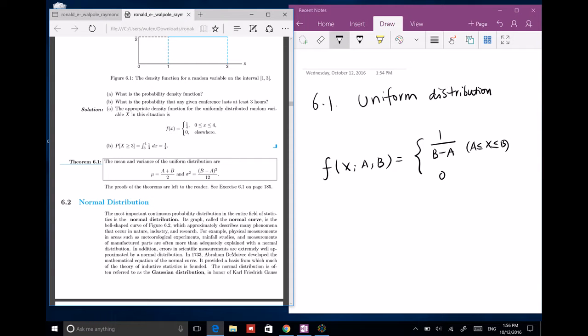Next, we look at 6.2. You may want to know the mean of a uniform distribution: it is half of a plus b, the midpoint.